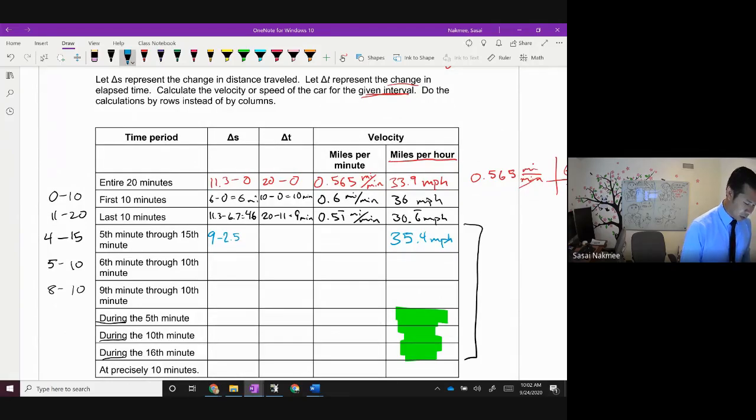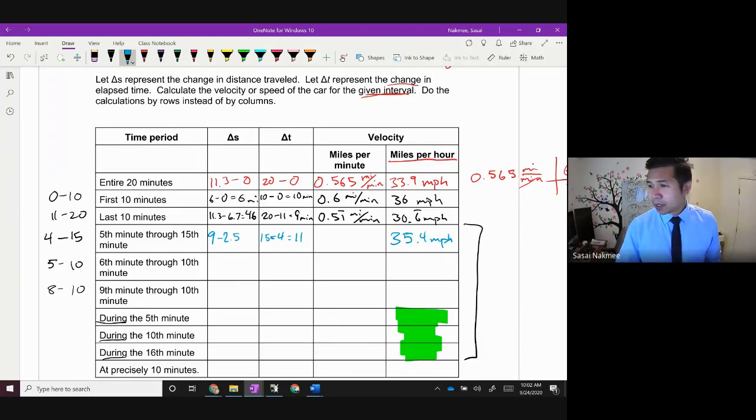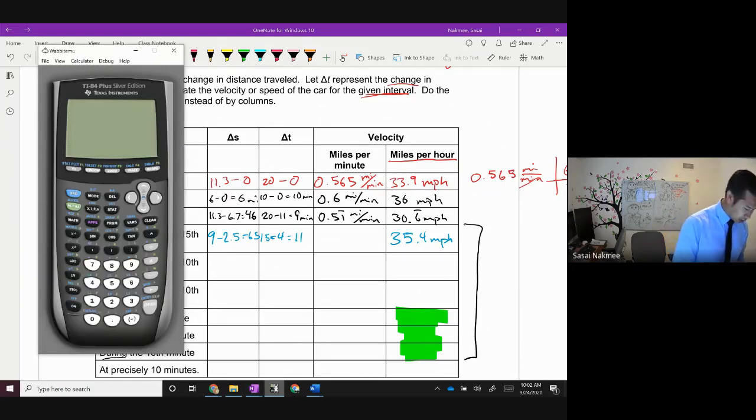And then for this one, you should have got 15 minus 4. This should have been 11. And then that one should have been, what is that, 6.5?